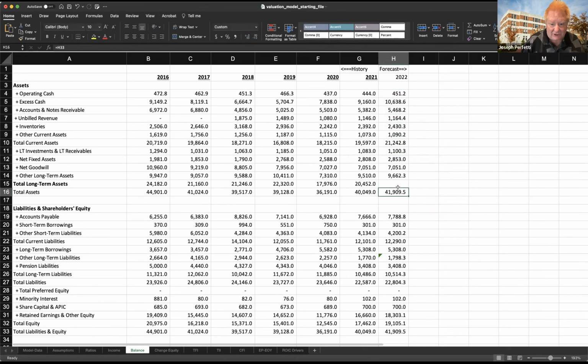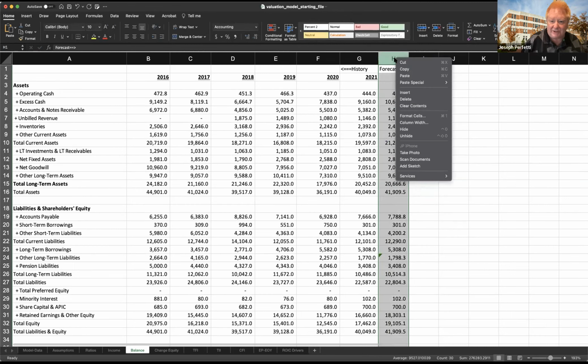I'm going to sum my long-term assets from long-term investments all the way down to other long-term assets, H11 to H14. I'm going to add my current assets to my long-term assets. And if I were checking, these two numbers are now equal. So with my plug, I equal my total assets.